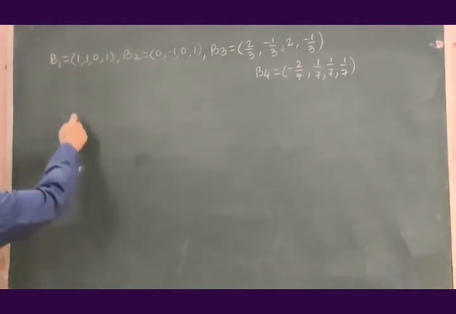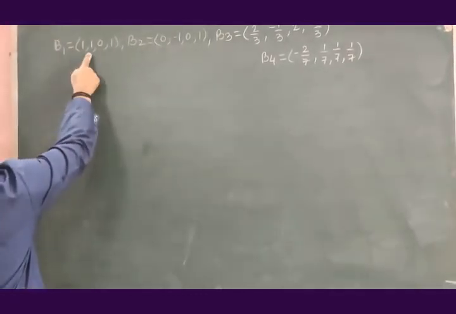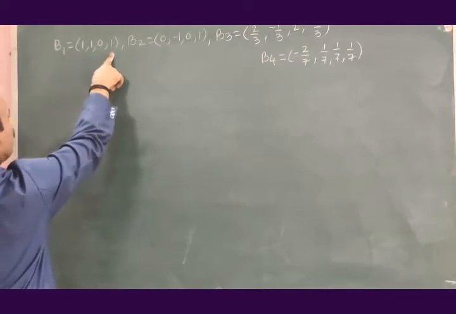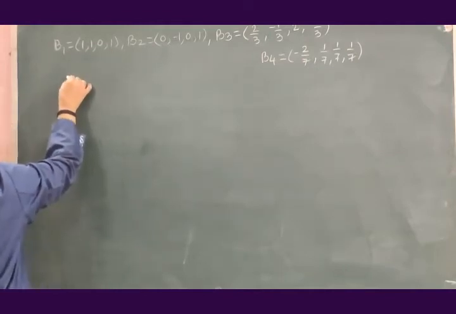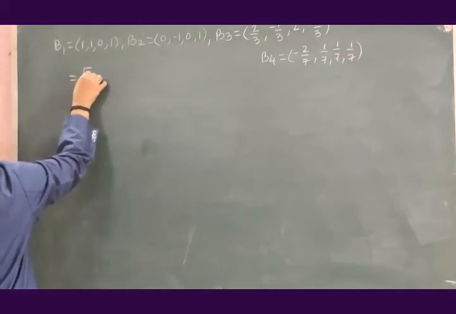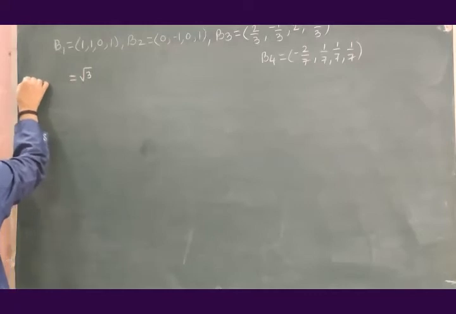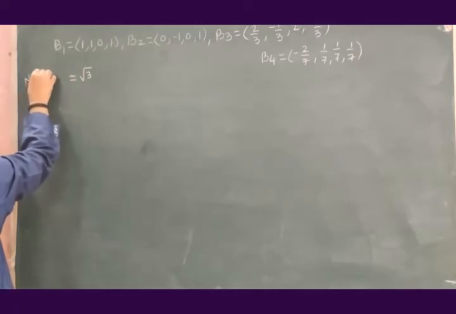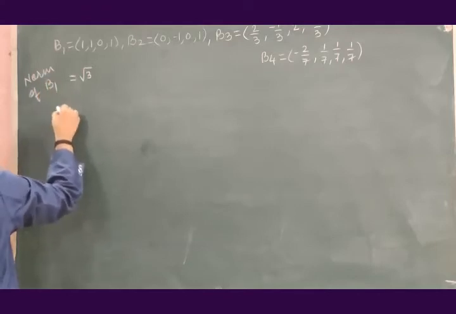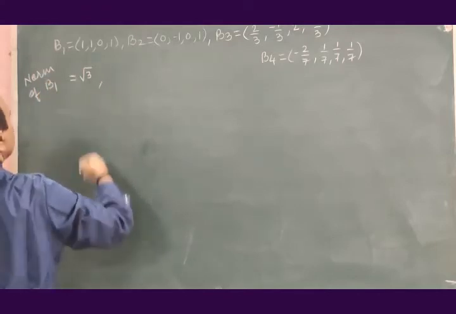The norm of B1 will be the square root of 1 into 1 plus 1 into 1 plus 0 into 0 plus 1 into 1, and so the norm of B1 is equal to root of 3.